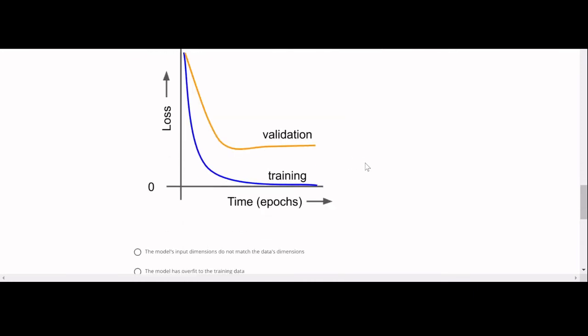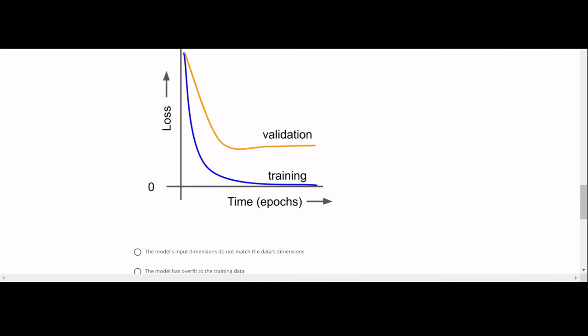Okay, so now you can see the loss, how much loss there is while training and validation.